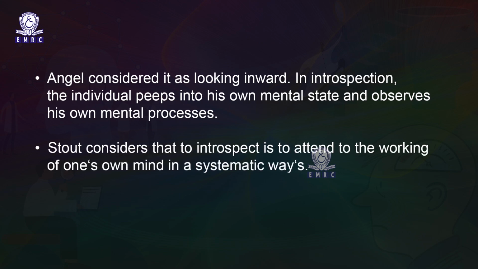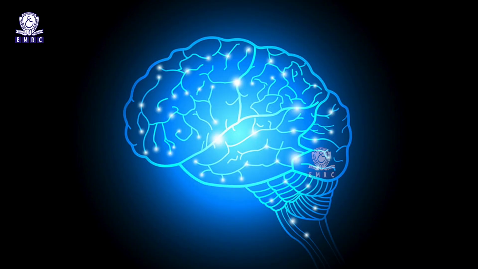Stout considers that to introspect is to attend to the working of one's own mind in a very systematic way. The introspection method is one of the oldest methods to collect data about the conscious experiences of the subject. It is a process of self-examination where one perceives, analyzes and reports one's own feelings.